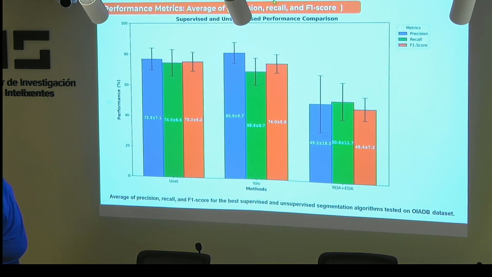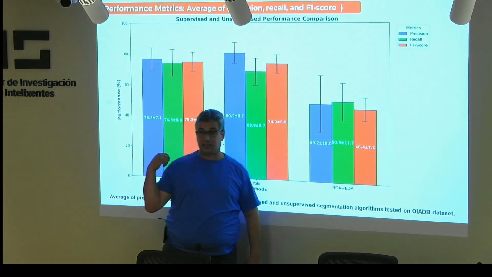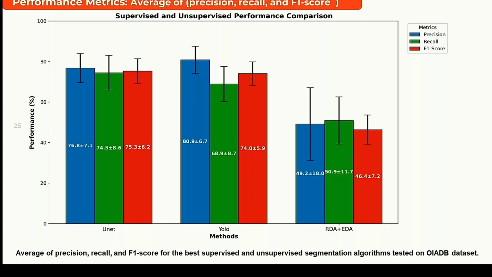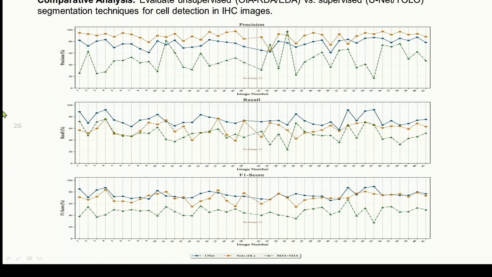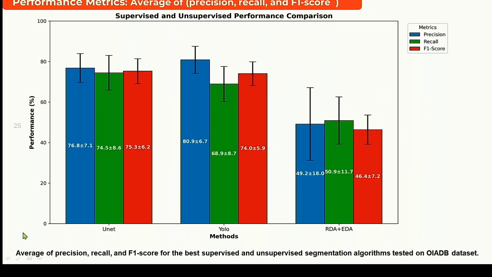This is the performance metrics for supervised and unsupervised methods. We see here the dominance of supervised learning over unsupervised. Unsupervised I already explained; we have 6 methods, and here we took only the best 2 of them to compare with the supervised learning.